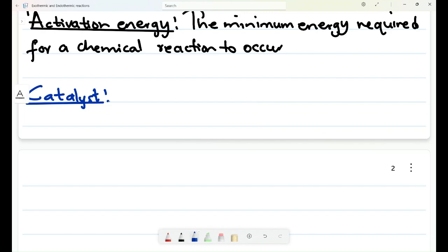But now in physical science, specifically chemistry, we'll define it in a slightly different way. It will be the same, but there are a few concepts that we'll add. So we say a catalyst is a substance that speeds up or increases the reaction rate.